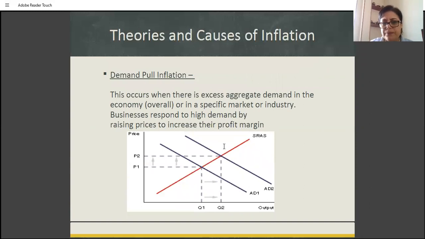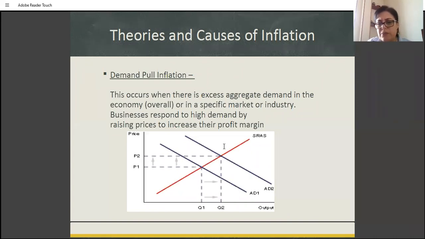Okay, the first one is demand pull inflation, or demand side inflation. So you can see a very clear scheme and graphical representation of the situation. I don't know what you think about that, but to me, if we have a graph, it's easy to understand the economic process. So demand pull inflation, you can see on the scheme, is associated with an increase in aggregate demand.